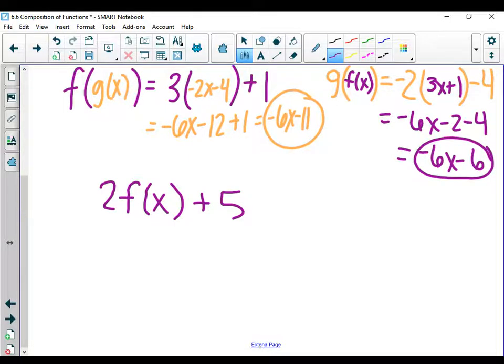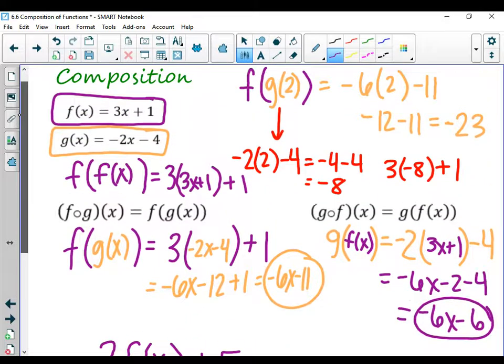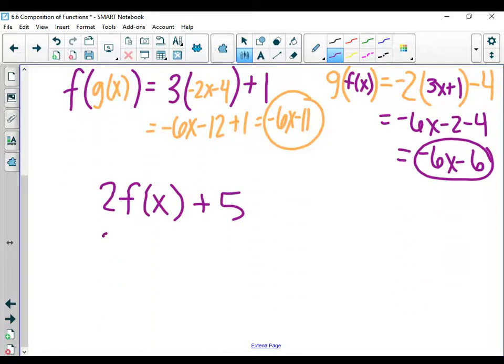I know I have it hidden now. 2 times 3x plus 1 plus 5. Okay? Don't get distracted and feel like, oh wait, this is supposed to be more difficult than it is. It's not. Okay? So if they have f of x there, you just plug in what they have as f of x. All right?